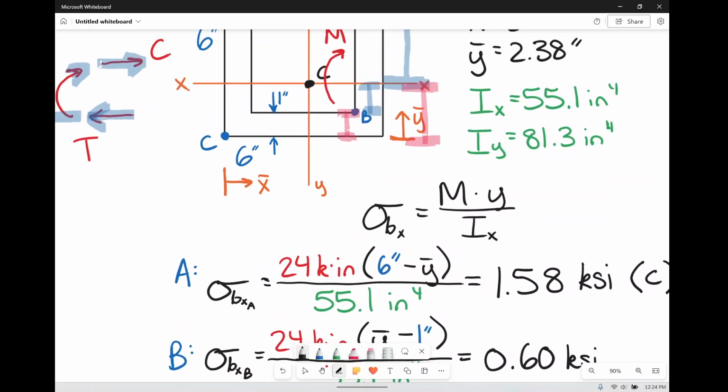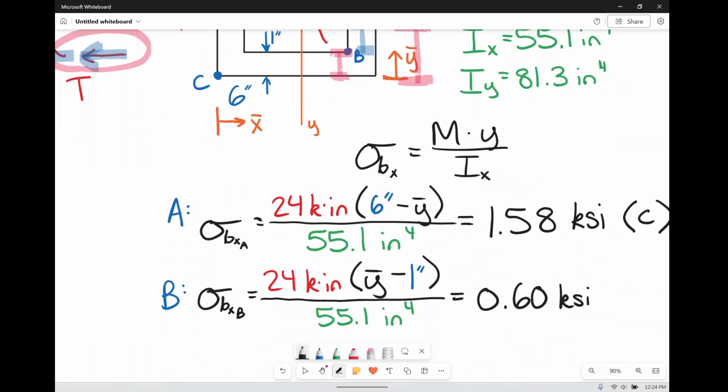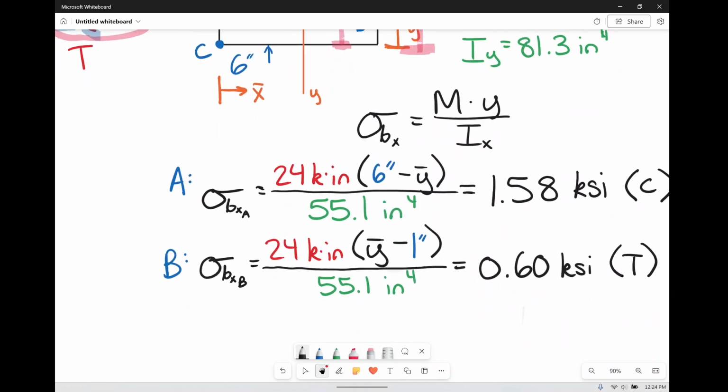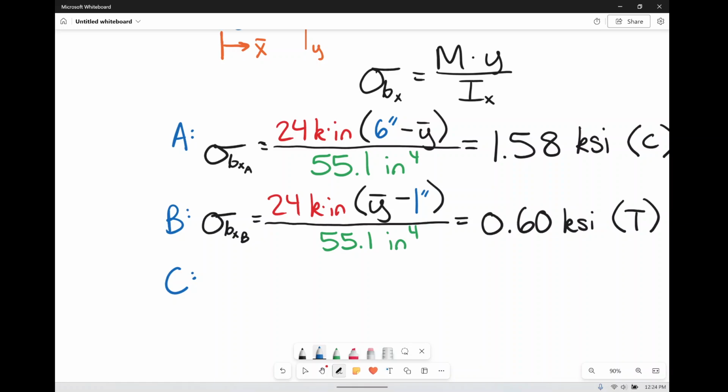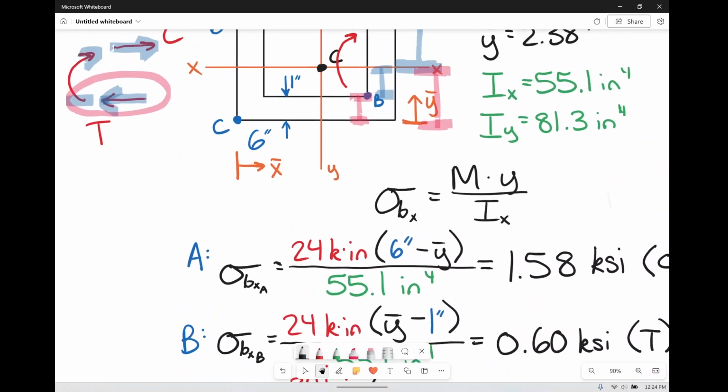But because we're on the opposite side of the neutral axis, on the side with the arrow coming out of the face, we are now in tension. And lastly, for point C, we have the bending stress about the x-axis, which is going to be equal to M, 24 kip inches, times what for C?